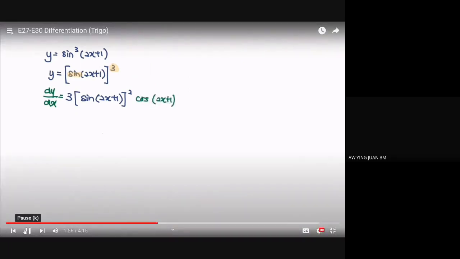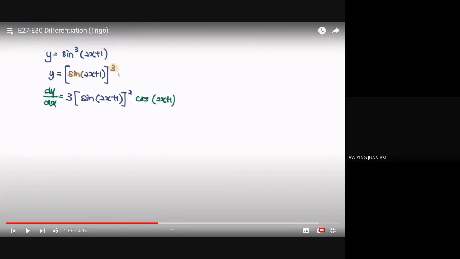First, focus on the power 3. So we have 3 bracket sine 2x plus 1 power 2. Next, focus the internal where we have sine, and we will obtain differentiate sine, we will obtain cos bracket 2x plus 1. Next.